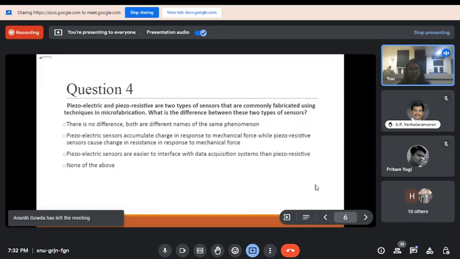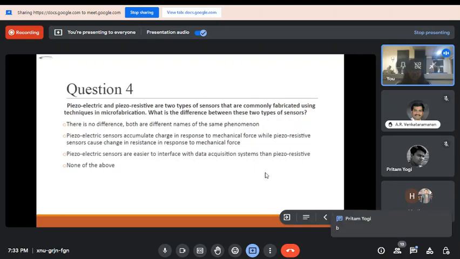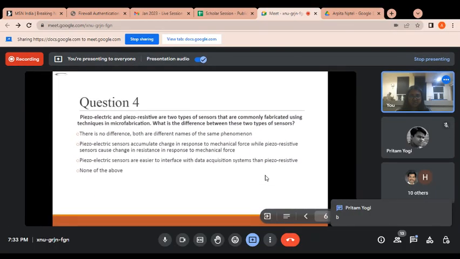The second option is piezoelectric sensors accumulate charge in response to mechanical force, while piezoresistive sensors cause a change in resistance in response to mechanical force. The third option is piezoelectric sensors are more easily interfered with by the data acquisition system than piezoresistive. And the fourth option is none of the above. So please unmute yourself and try to give the answer.